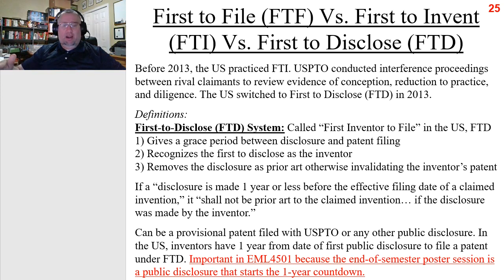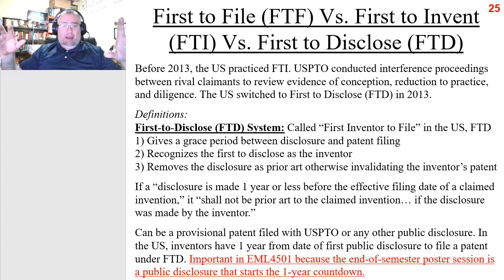And in the US, that's a year. It recognizes the person who's first to publicly disclose as the inventor. And it removes disclosures as prior art, which would otherwise invalidate the inventor's patent, right? So those last two are pretty important. In fact, all three of them are important, right?